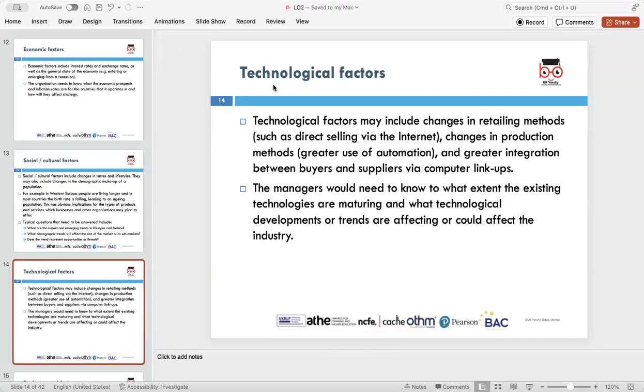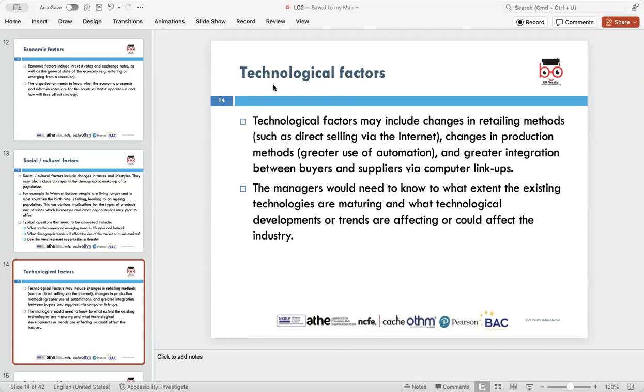The next one is technological factors, which may include changes in retailing methods such as direct selling over the internet, changes in production process, more use of automation, and greater integration between customers and suppliers via computer links.